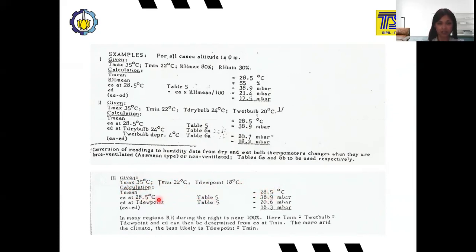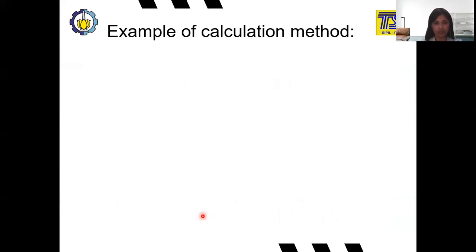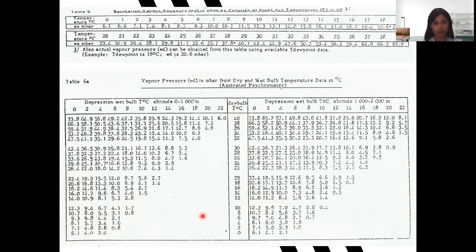We still have the same saturated vapor pressure from table 5, and here we have the ED, or the actual vapor pressure. We can also use table 5 for actual vapor pressure. And here we have the temperature of dew point of 18 degrees Celsius.